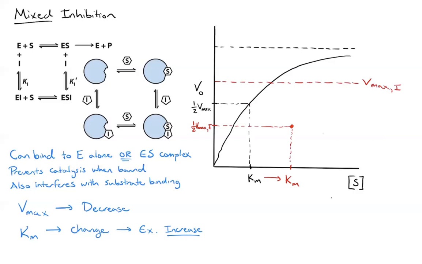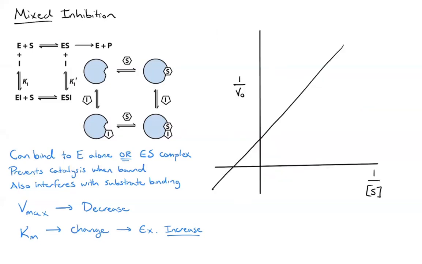So we're going to end up with a much more stretched out curve, but it also is going to reach a lower ceiling at the end of the day. And I don't have room on my graph to really show this, but eventually this graph is going to approximate and asymptotically approach that lower Vmax ceiling.